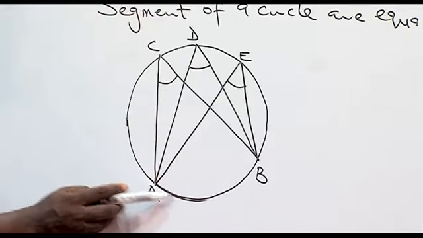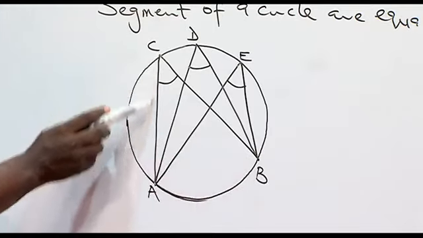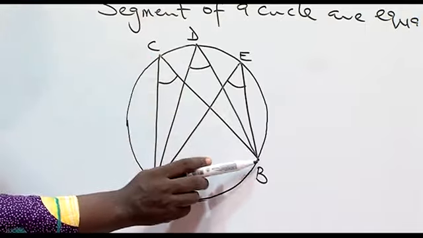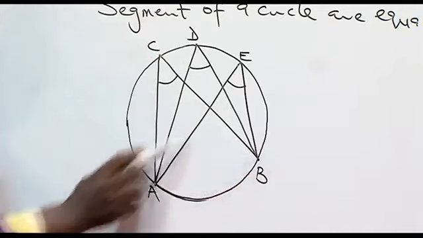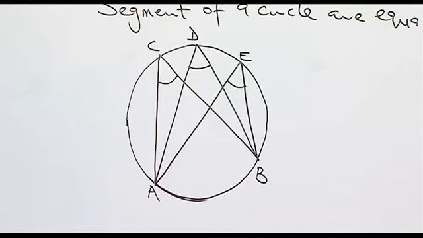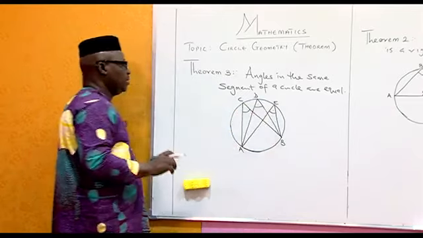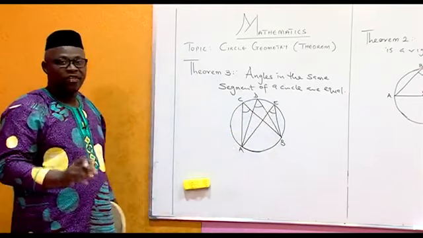If you look properly, this arc AB puts this angle on the circumference. The same arc AB put this particular one too on the circumference. The same arc put this one on the circumference. Therefore, these three angles are going to have the same value.